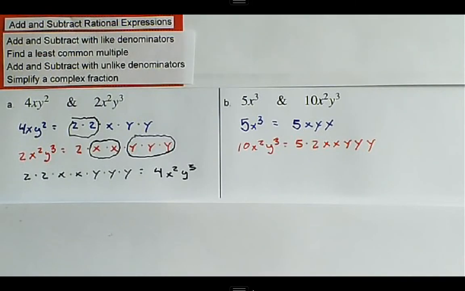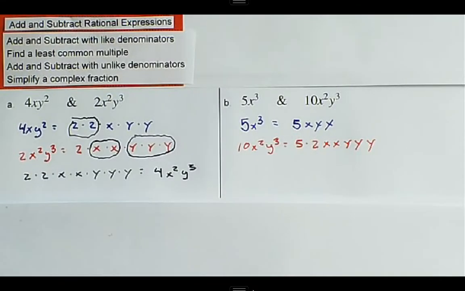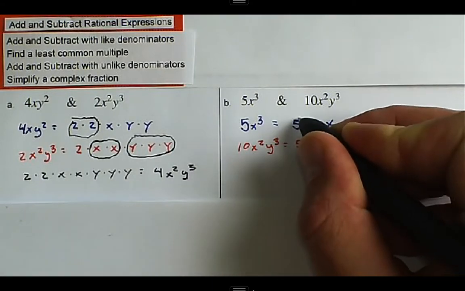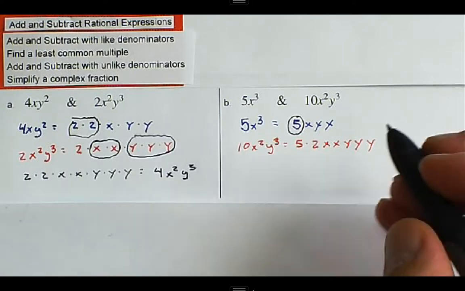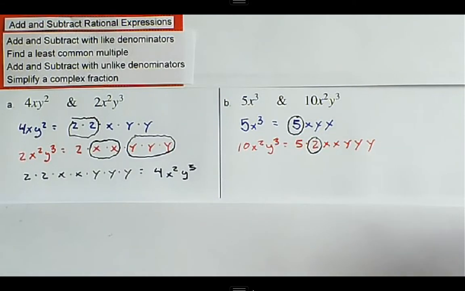And for both of the polynomials here, we see that we have 5 to the first, so it doesn't matter which one we pick. We only have one that has a 2 involved.